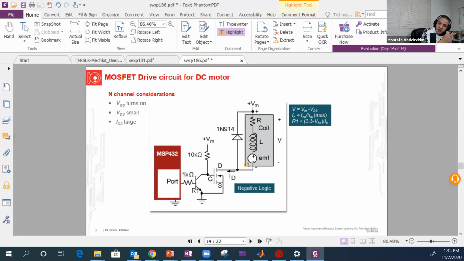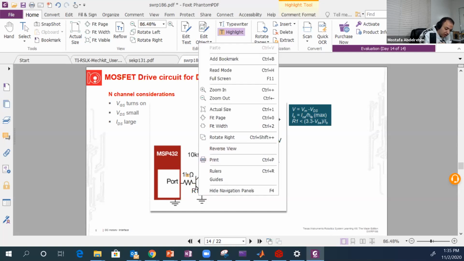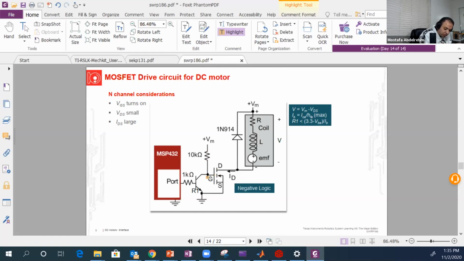So it's opposite to the first circuit. In the first circuit, when you have high here, there will be a current in the transistor, so the motor will run, and if you have low, the motor will not run. Now, if you have high, the motor will not run. But if you have low, the transistor will not work, so the current flowing into the transistor will be 0, and all the current will flow to the NMOS transistor, coming from the VM, the battery you have.